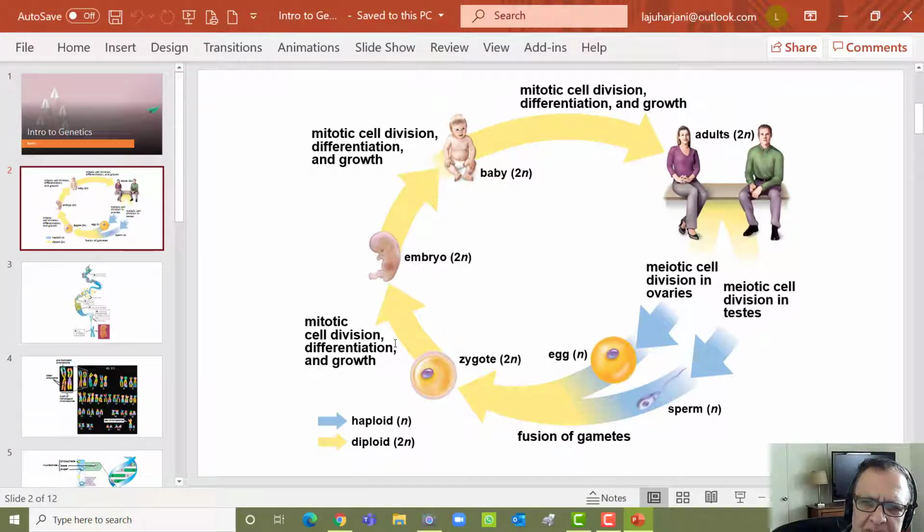Zygote is the union of a sperm and an egg, and then the zygote undergoes rapid divisions, and for the next 9 months it grows inside the womb of the mom, and then the mom delivers a healthy baby at the end of 40 weeks of gestation, which is the gestation in human beings. And in this way, the cycle continues. So then the baby is born and the baby undergoes some more growth and differentiation. We'll talk about differentiation later on and try and understand.